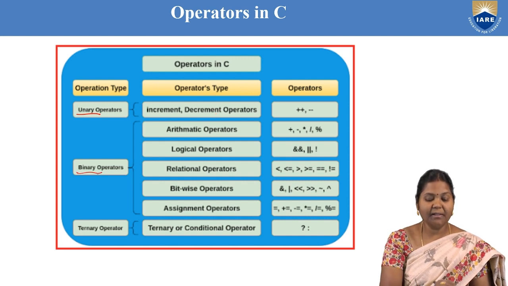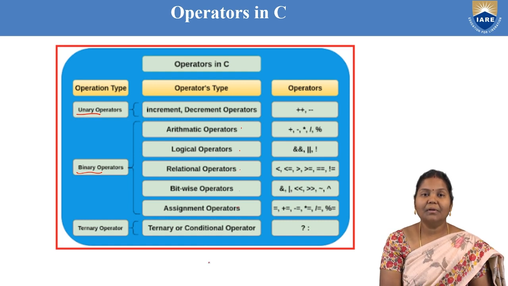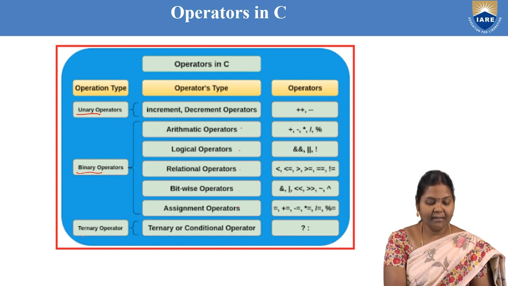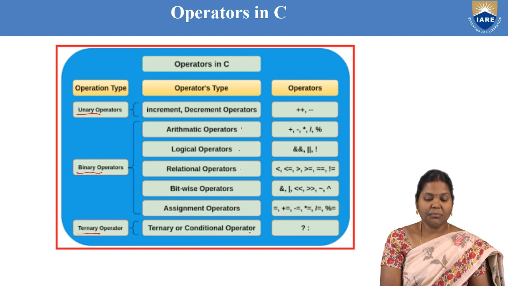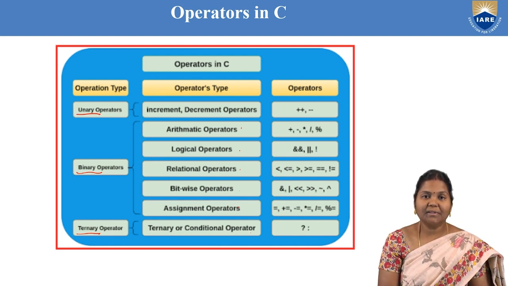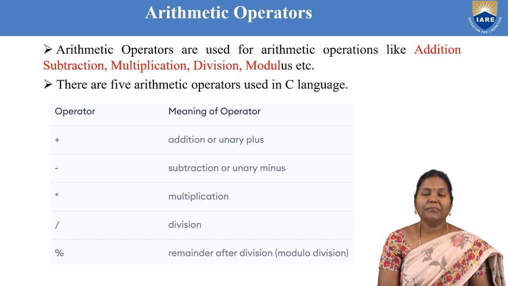Arithmetic, logical, relational, bitwise, and assignment operators are all binary operators. The conditional operator is a ternary operator. We will discuss all these operators in detail. This is just in brief about the operators in C language. Now, let us begin with the arithmetic operators.